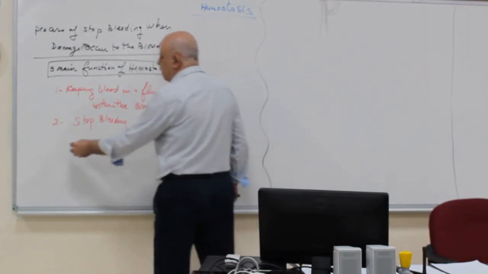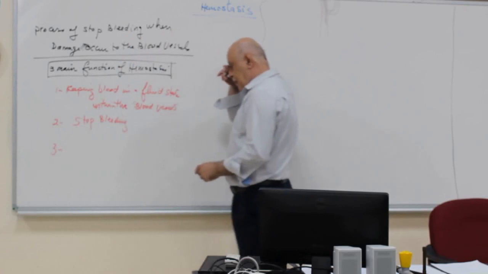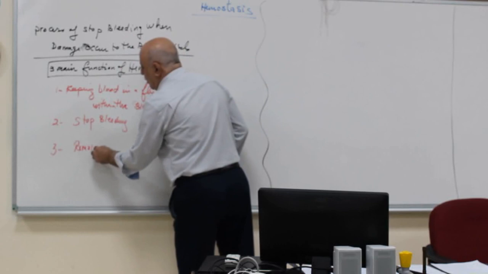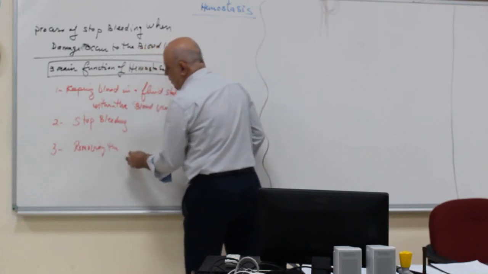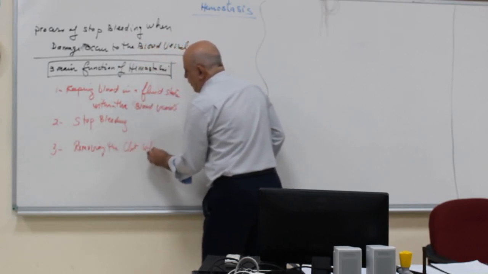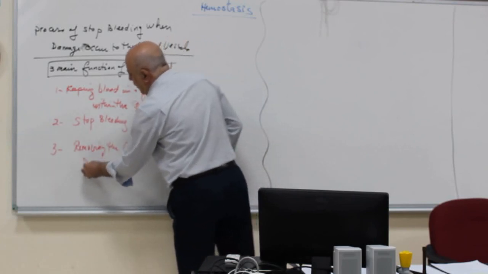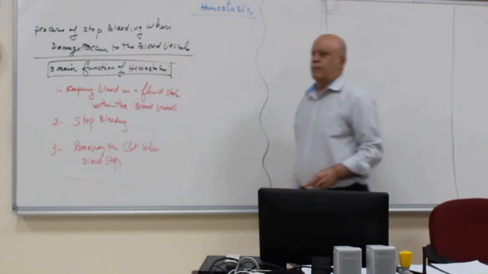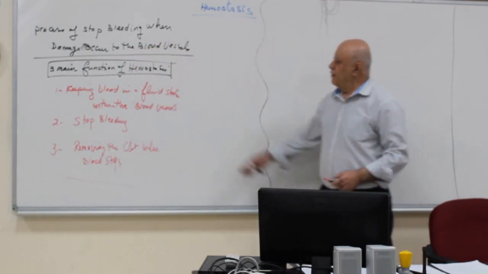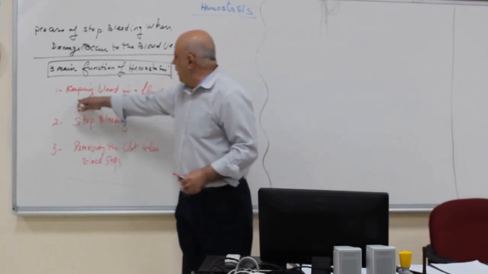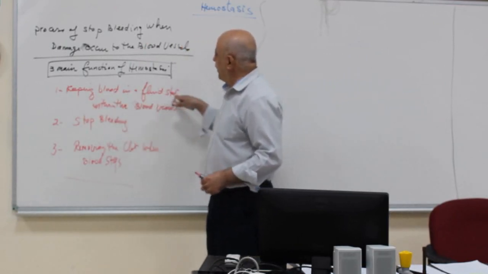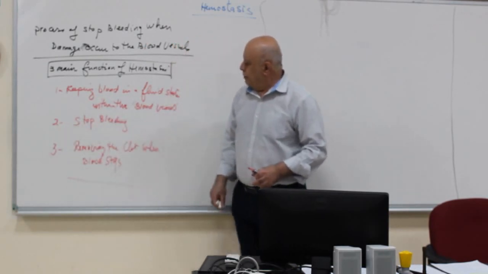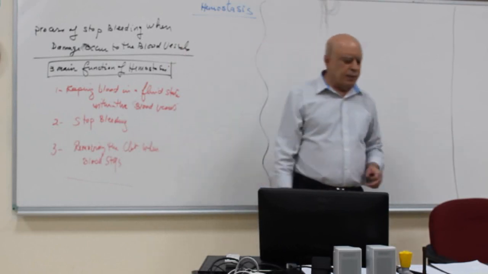The third is removing the clot when bleeding stops. So we have three functions for hemostasis: keeping blood in the fluid state within the blood vessels; second, stop bleeding; third, removing the clot when bleeding stops.